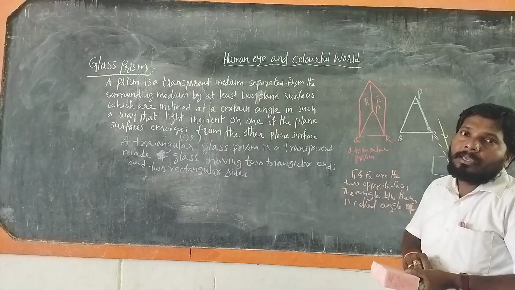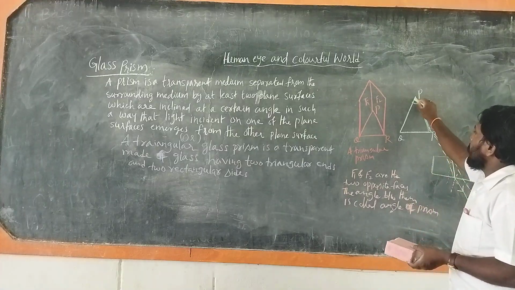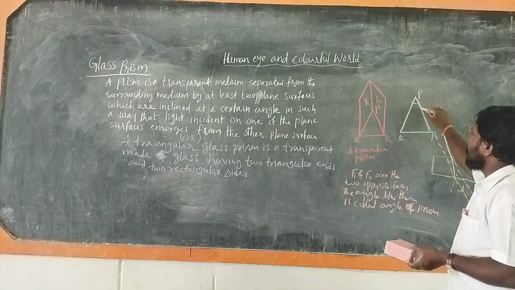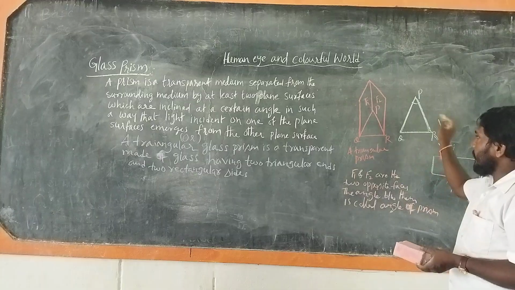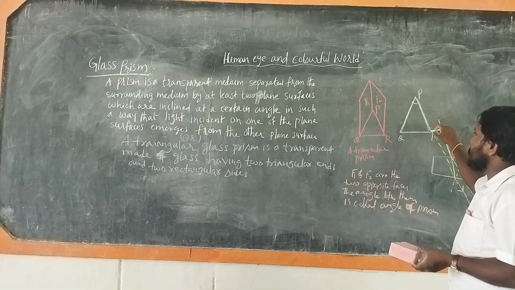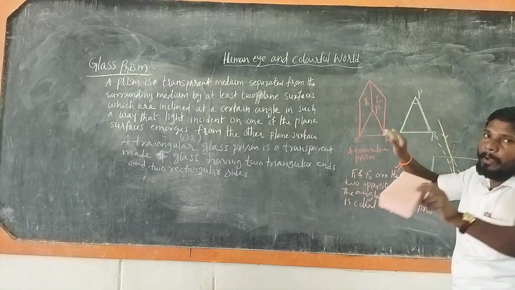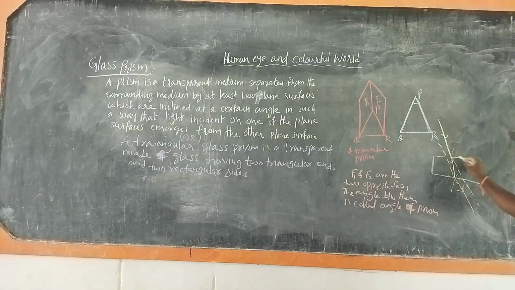Whereas in a rectangular glass slab, the opposite sides are parallel to each other.